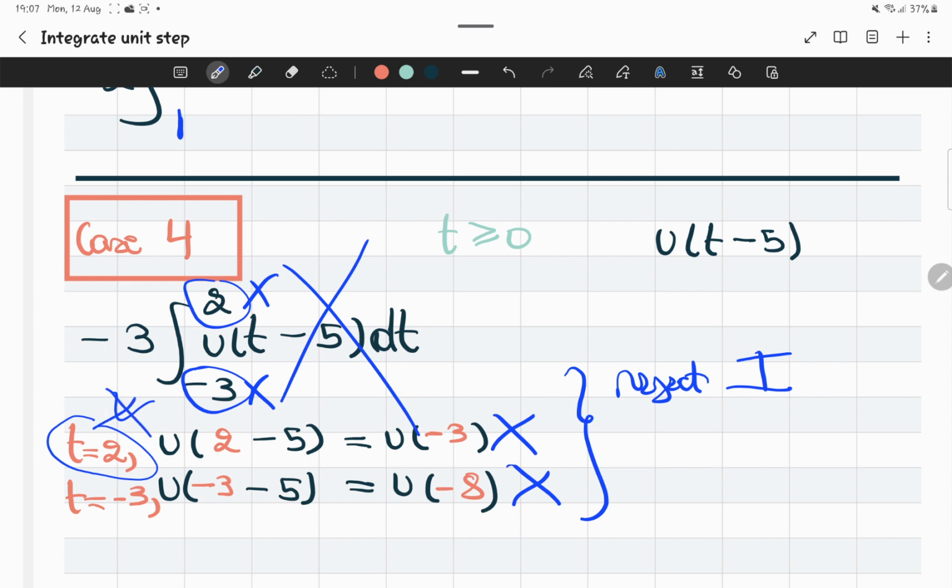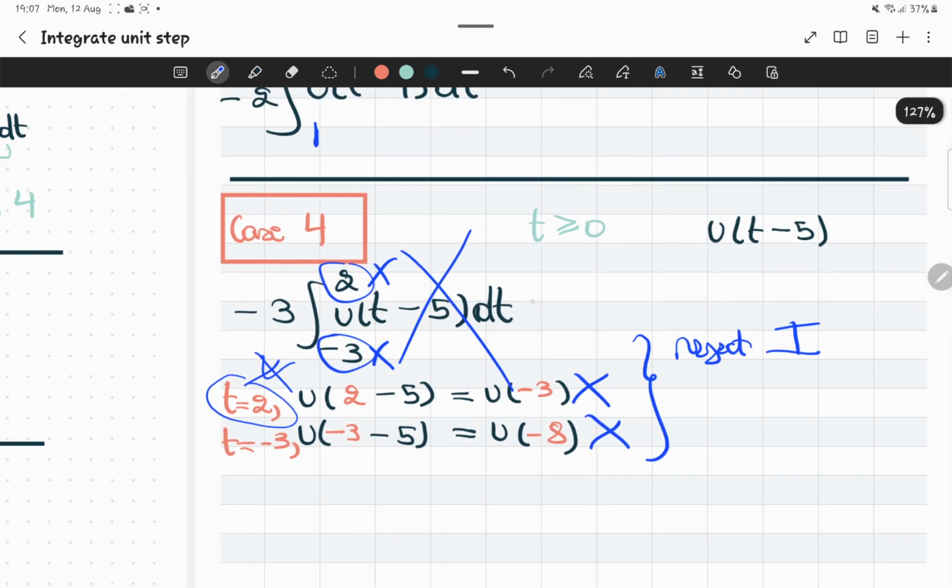So when everything is not valid, we reject everything. So this integral, you're going to assume it equal to 0. Take note.